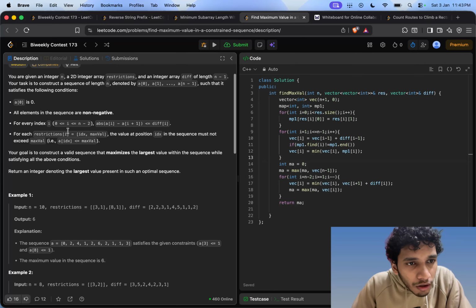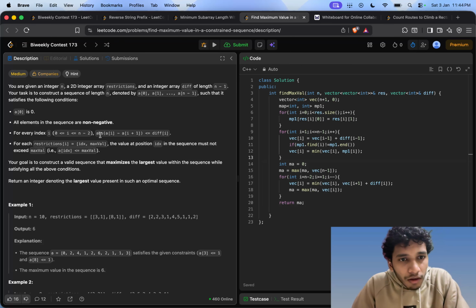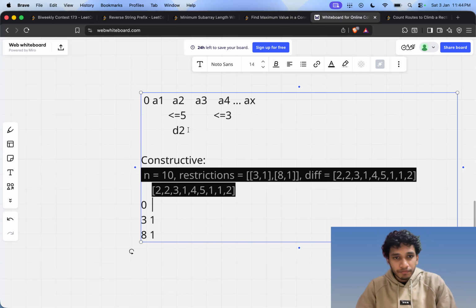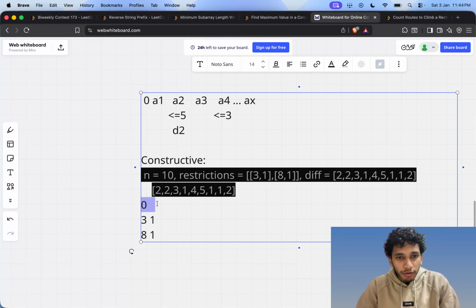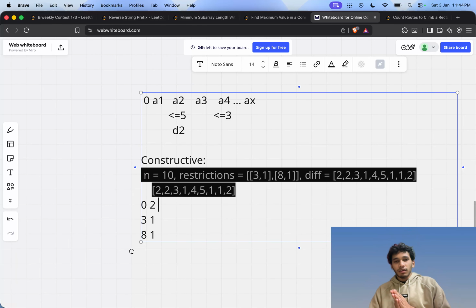The difference at 0 represents that a at 0 minus a at 1 should be at most 2. So these two values should be smaller than or equal to 2, and we want to maximize our largest value, so let's write it as 2. There might be some edge cases here, but we are not considering that right now. We just want to maximize it. We will consider that later.